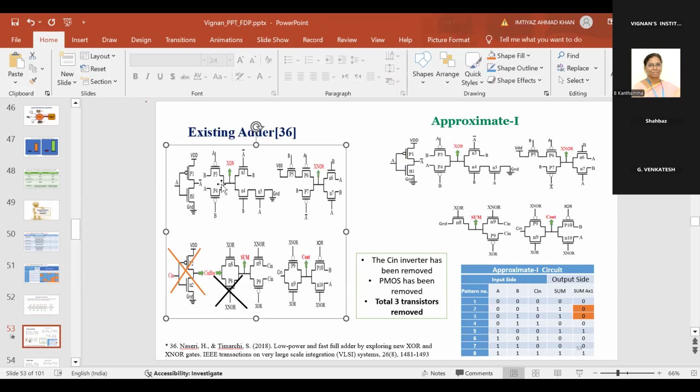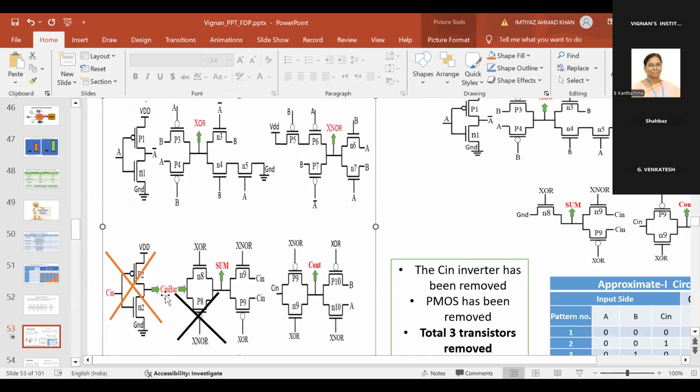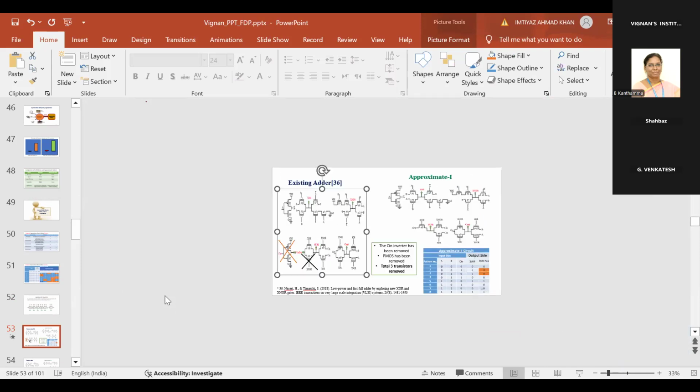There is an existing adder, and I've explained one purpose circuit and another. Also, XOR and XNOR gates are used. But I will remove this portion, because this is the C in bar, C in, meaning one inverter stage has been removed.